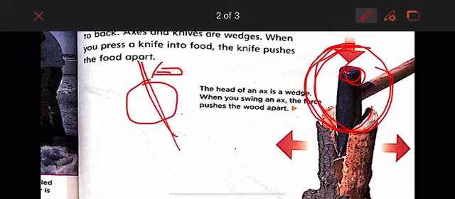When you swing the axe, the force pushes the wood apart. That means it splits the wood apart. So these are wedges. Wedges are like knives and axes.